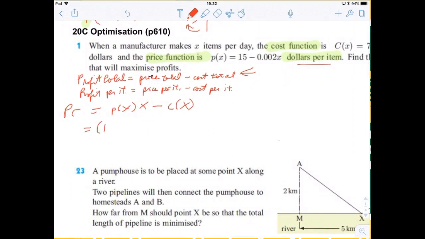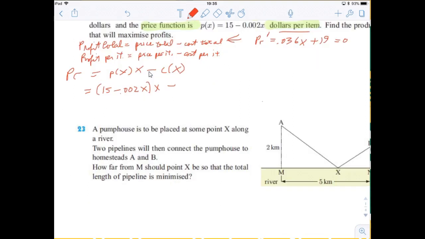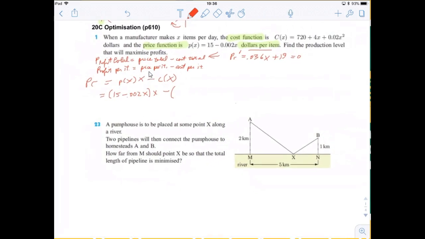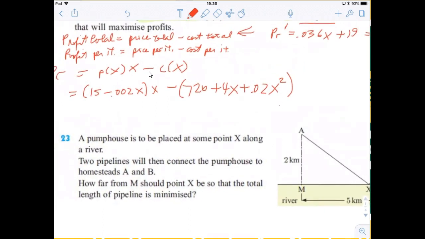P of x turns out to be 15 minus 0.002x. And then we subtract the cost function, put it in parentheses because we need to distribute that minus sign, which would be 720 plus 4x plus 0.02x squared. And then let's distribute the negative sign, and we'll distribute the x also. So 15x minus 0.002x squared. I'm sorry, it's not 0.0002, it's just 0.002.